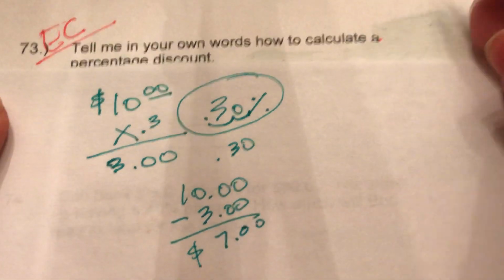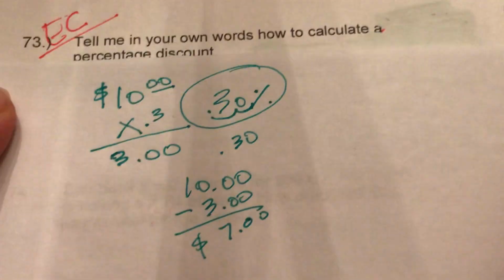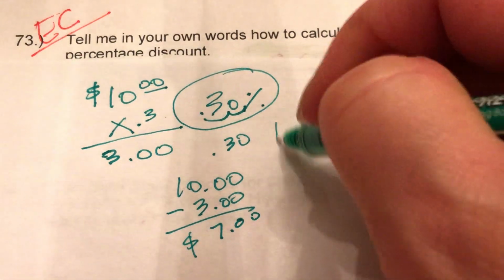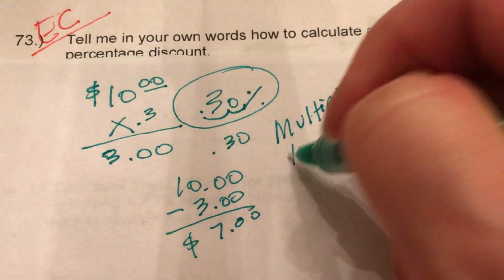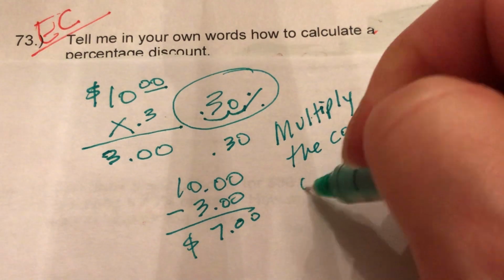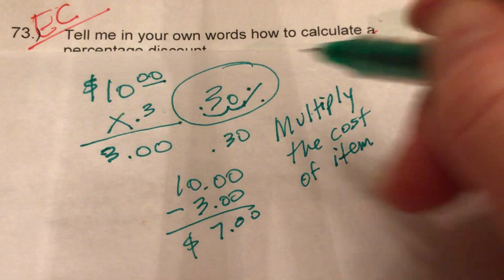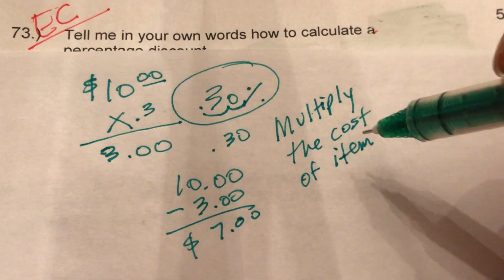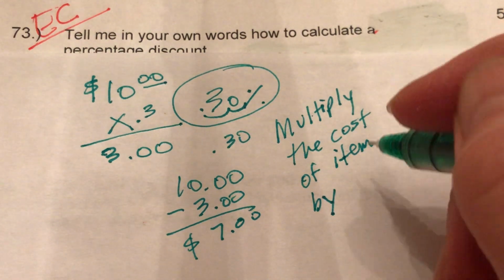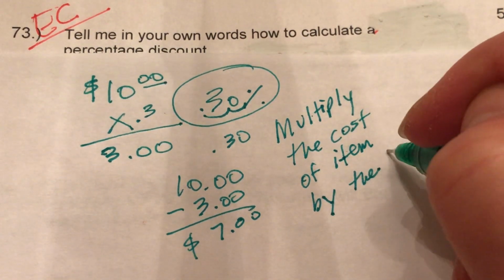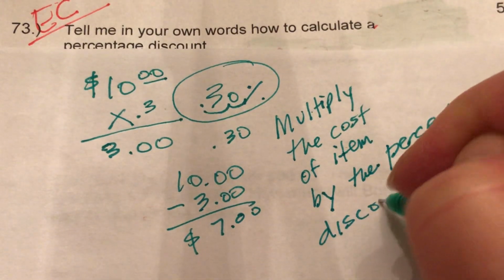Now, the question says, tell me in your own words, though, how to calculate a percentage discount. What you can write to get the correct answer is you will multiply the cost of the item, which is your towel, your pillow, by or times the percent discount, which would be the $3.